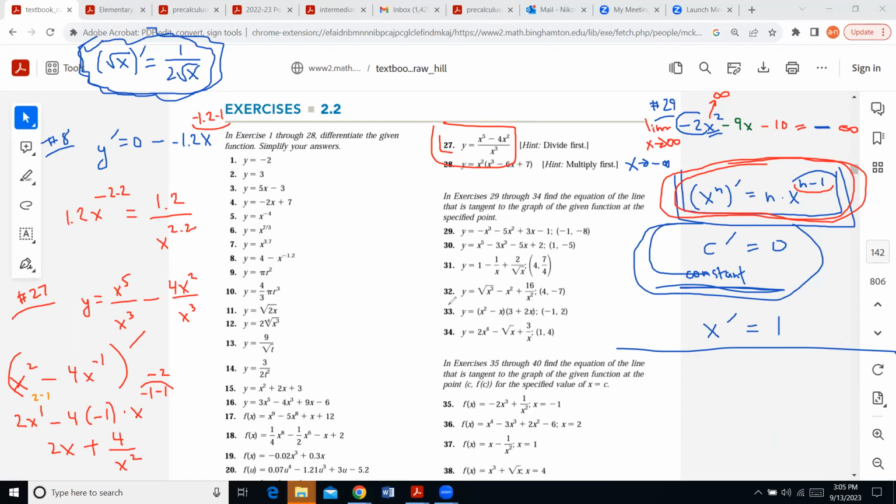So let me do 33. That's another exercise I'd like to simplify before I do the derivative, because there are 2 parentheses multiplied here. So what I'm going to do is multiply the largest powers here. So it'd be x squared times 2x, which is 2x cubed.